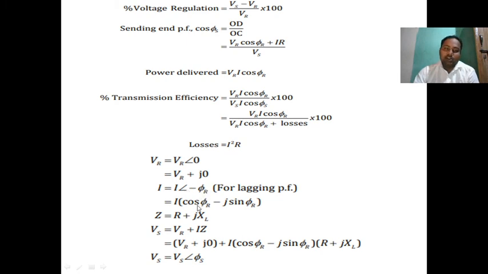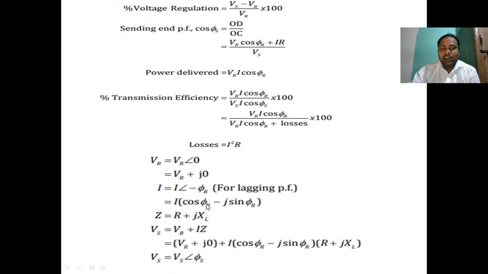That represents I whenever it is lagging, which is I cos phi r minus j sin phi r. This is standard; in any diagram we can represent it that way.